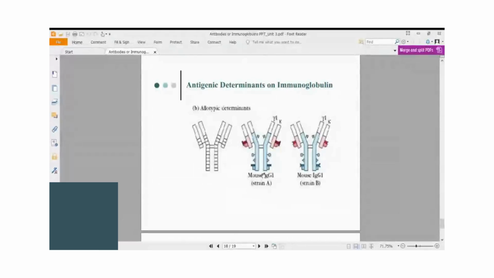It is because of this difference in amino acids that when you inject these antibodies into another animal, the animal recognizes these antigenic determinants and produces antibodies, and the antibody produced against the IgG1 will not be able to recognize the IgG2, because IgG2 has its own antigenic determinants which are different from IgG1.